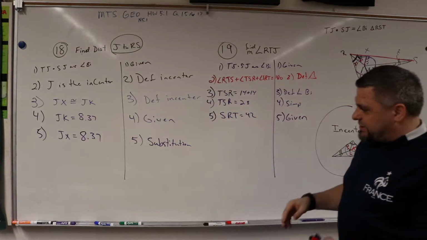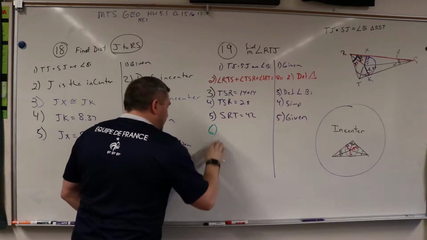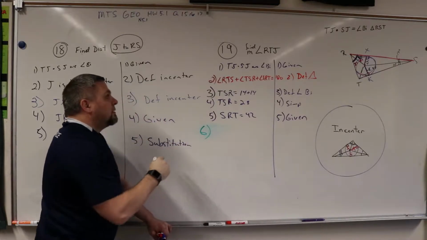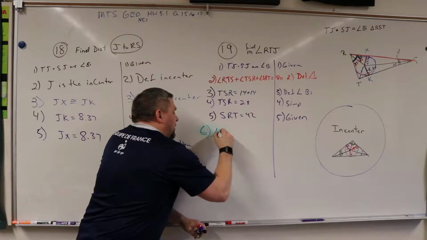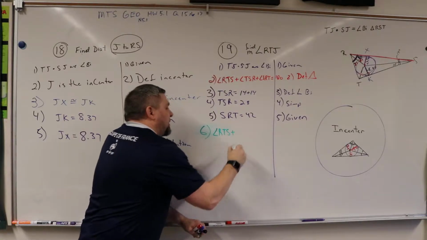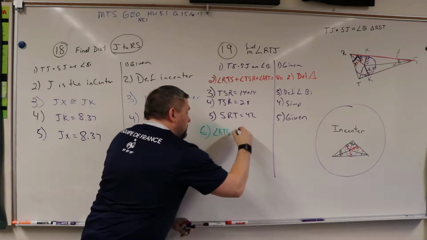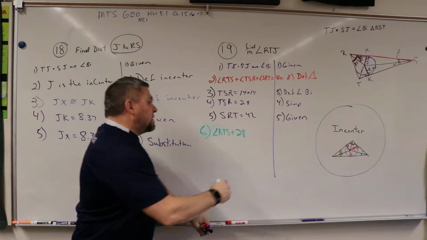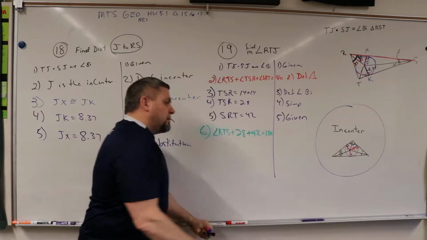So 6 says this. Come on, back it up a little bit. 6 says RTS, well, we don't have that one. So angle RTS plus TSR, 28, plus SRT, 42, equals 180.